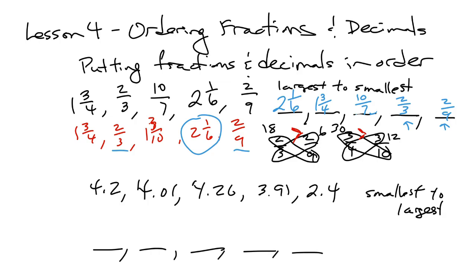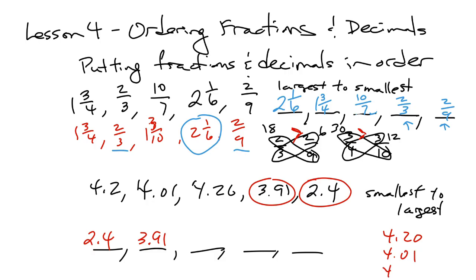Okay, so we have 4, 4, 4, 3, and 2. So the smallest number is 2.4. Then since all three of these are 4s, then 3.91 is the next number. And then we need to compare 4.2, and I'm going to put a 0 there because these have 2 decimal places, and 4.26. The 4s don't help me.